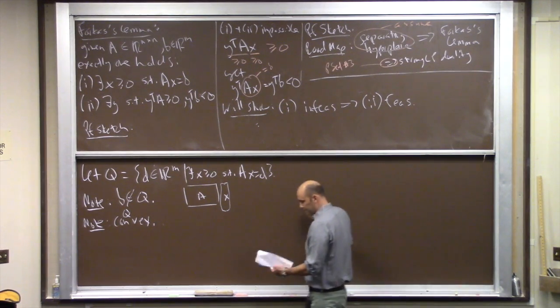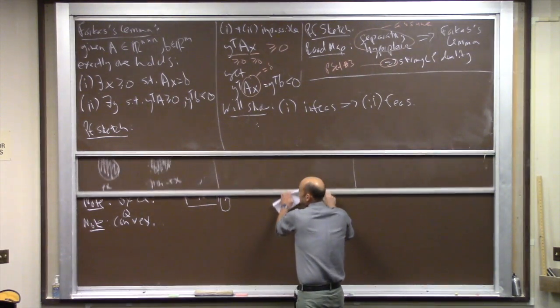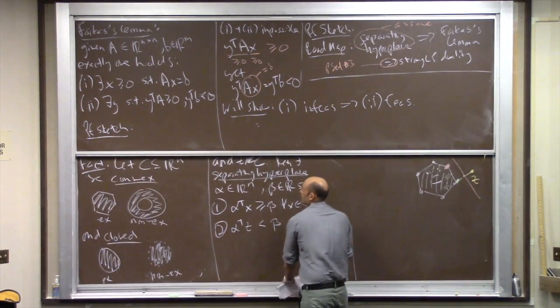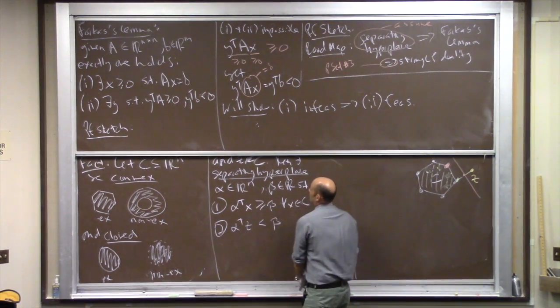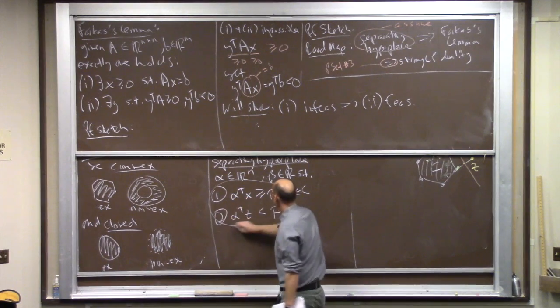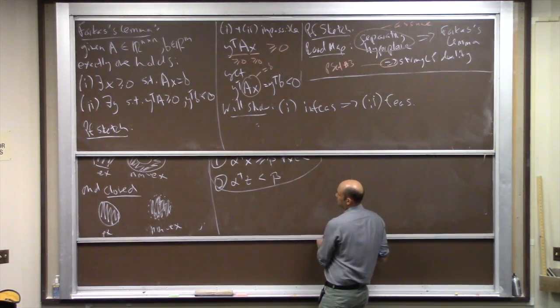So the separating hyperplane theorem applies. Q is our C, B is our Z, and then what do we get? We get an alpha and a beta so that these two things are true.